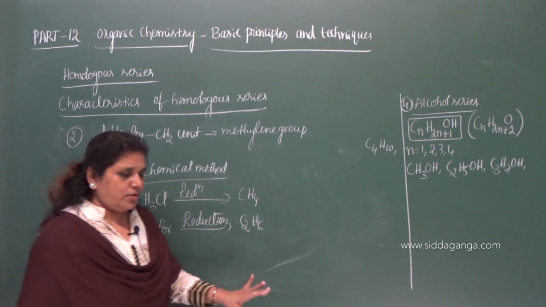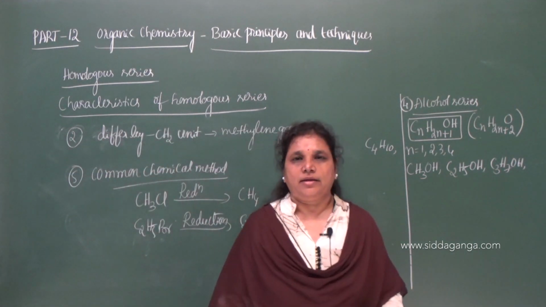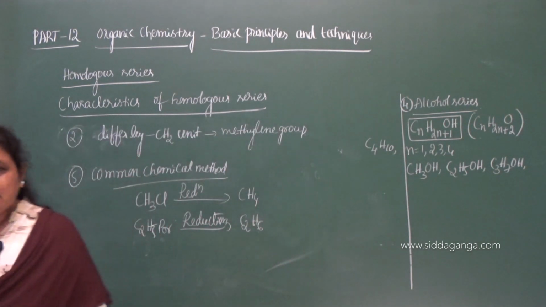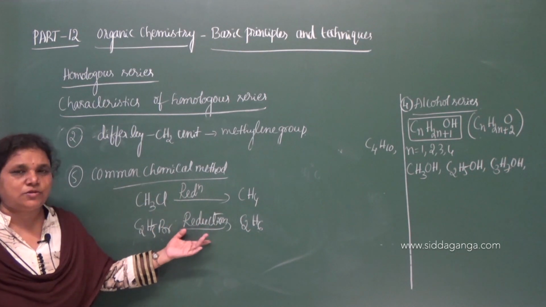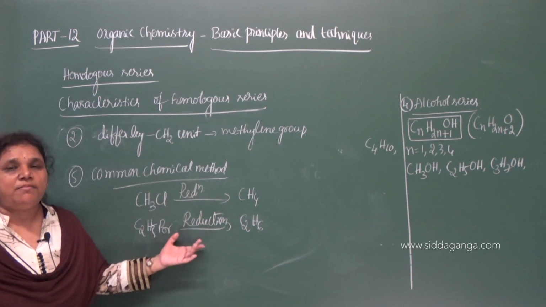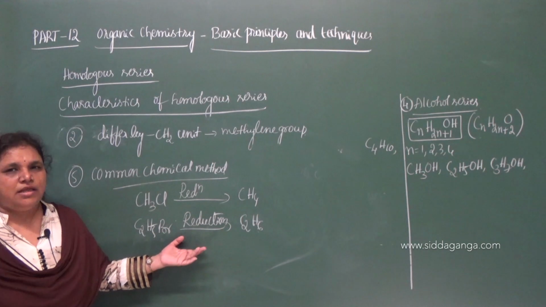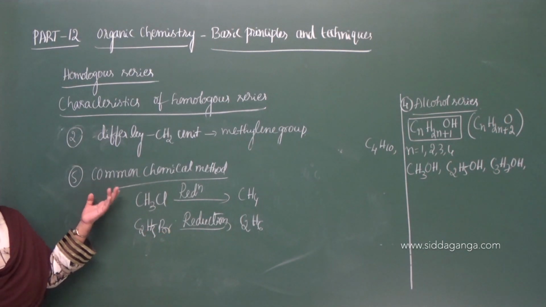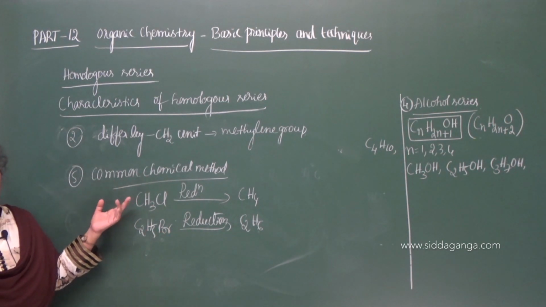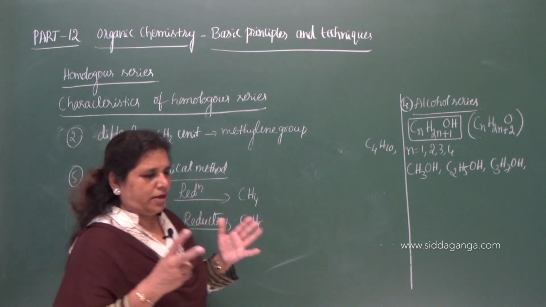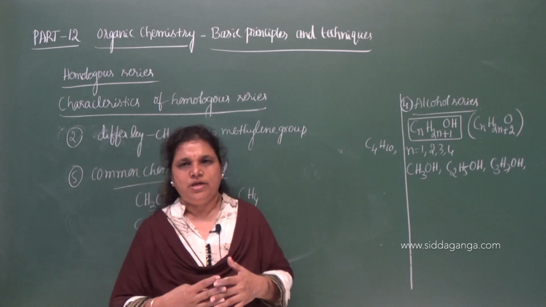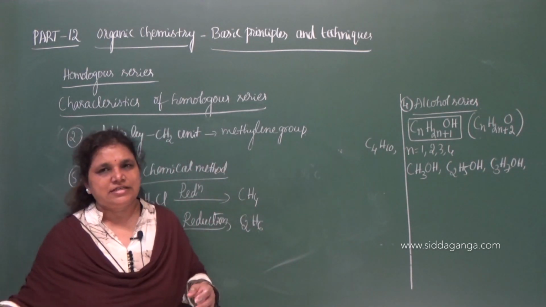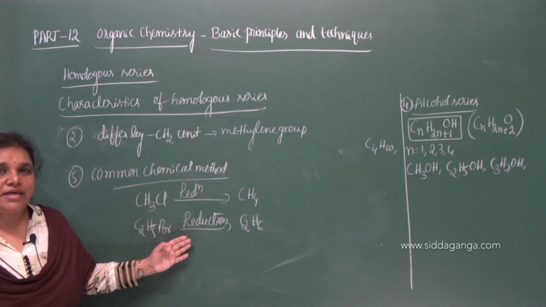That is the common method used to prepare all the members of a homologous series. This is one more important characteristic of a homologous series. One method prepares the first member, and all the members of the series can be prepared using the same method.